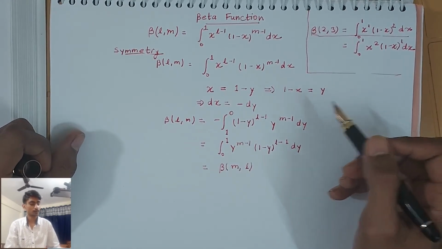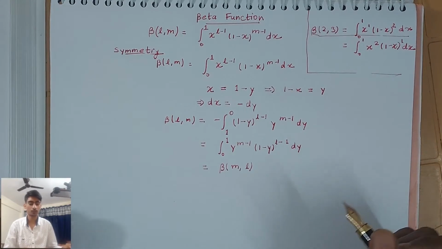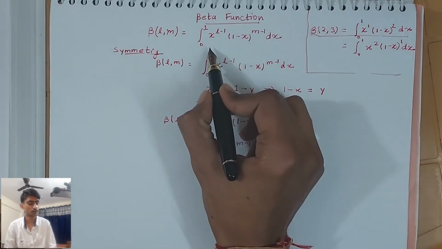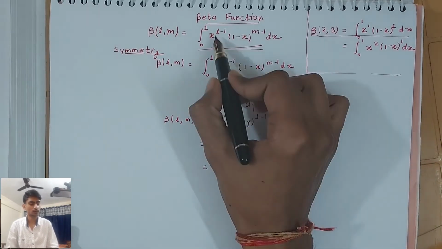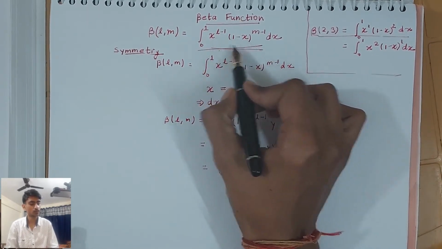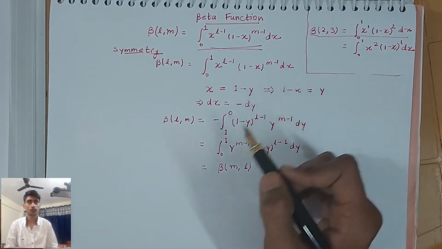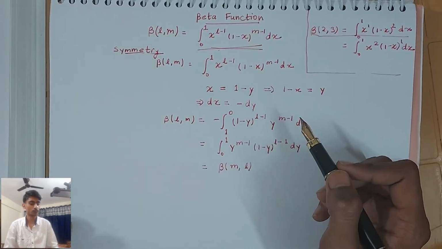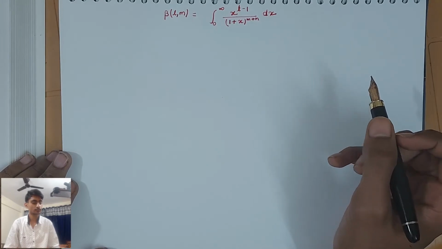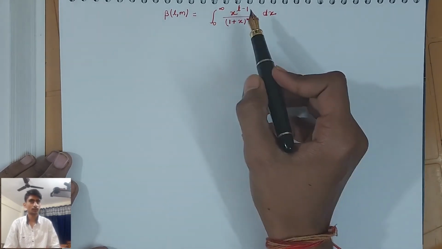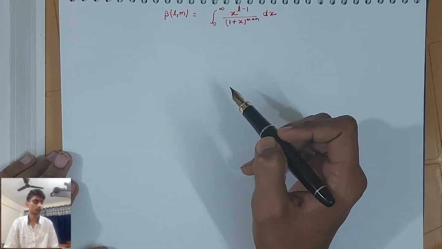So let's move to some other forms of beta function. This is how it has been defined, but the variables may be changed with some other substitution. So we will see some other forms of beta function. This is the other form of beta function.